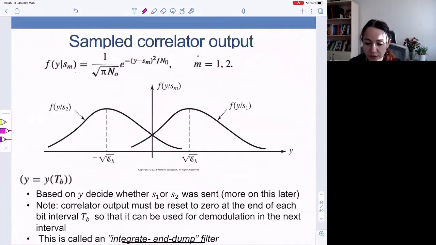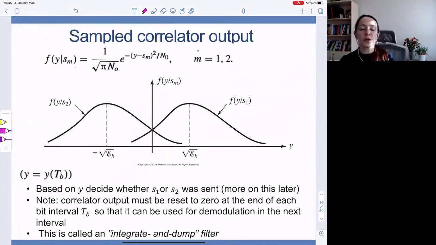Okay, so now we're going to make a detection based on this y equals Sm plus n. In other words, we're going to make a decision as to whether they sent us a 0 or a 1.